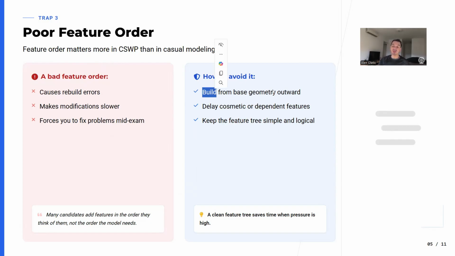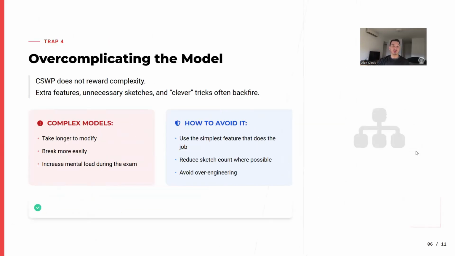You can build from base geometry outward, then delay dependent features, the ones that depend on another. What I mean by that is, if you have one extrude, don't extrude on that one. Go to the reference plane, the main plane. Then keep the feature tree simple and logical. So you can make modifications very, very fast and simple. So this is trap number three.